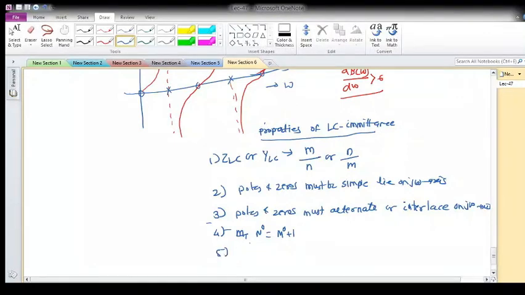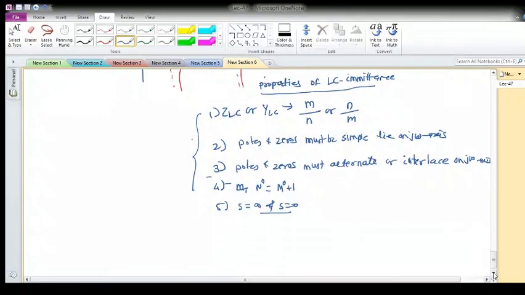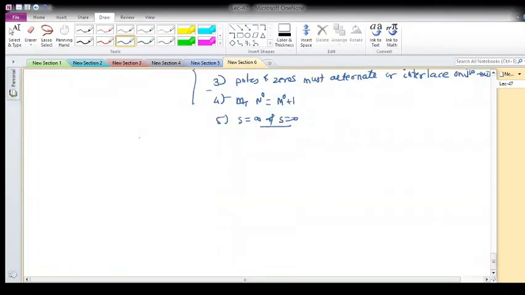Then next, there must be either a pole or zero at the origin and infinity, okay. So there must be a pole at infinity or at 0. Okay, so these are basically 5 important properties of LC driving point immittance.